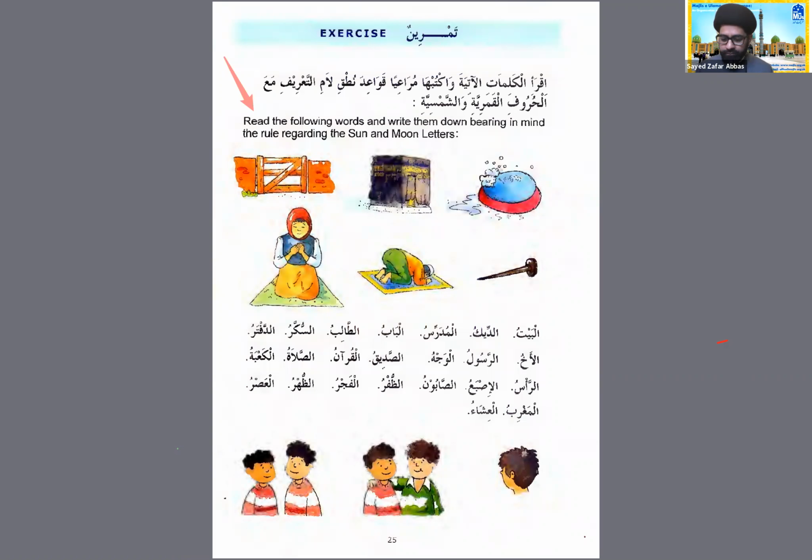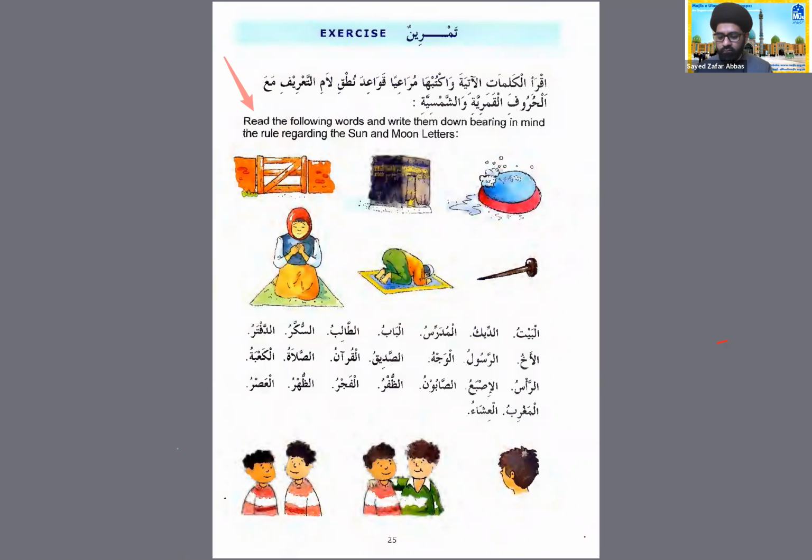So what you need to do is read all of these words that are written here underneath the pictures, and write them down, and then when you read them, we want you to make sure that you read them with the correct pronunciation, depending on whether they are huruf al-qamari or huruf al-shamsi.